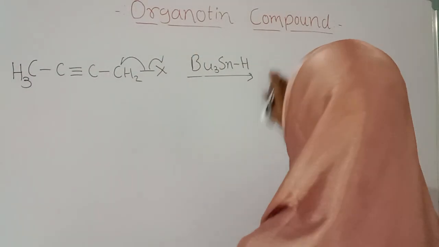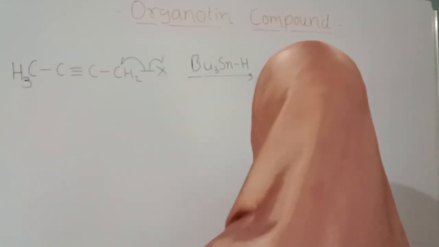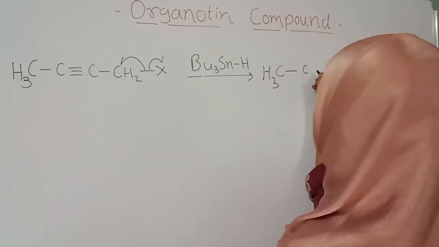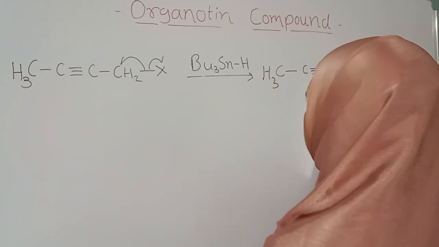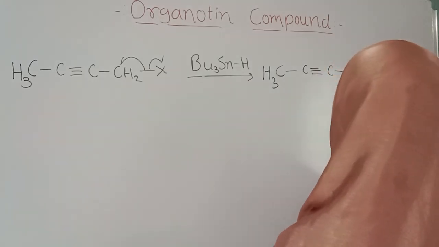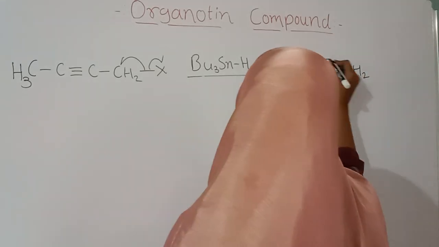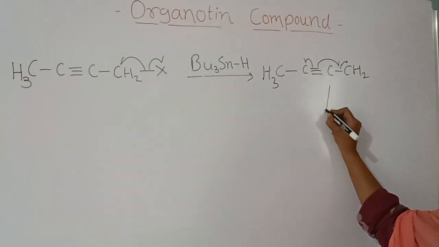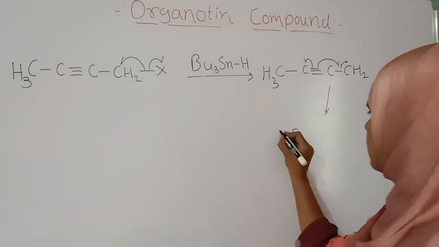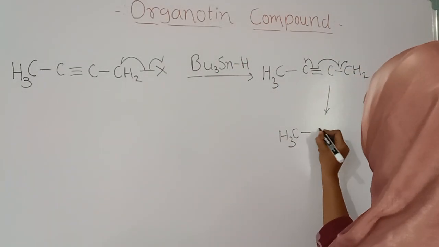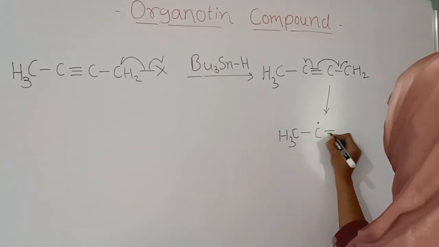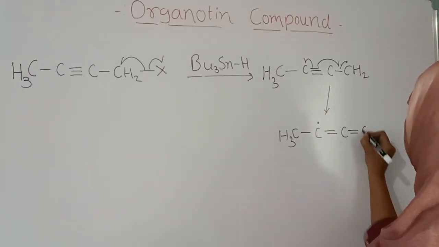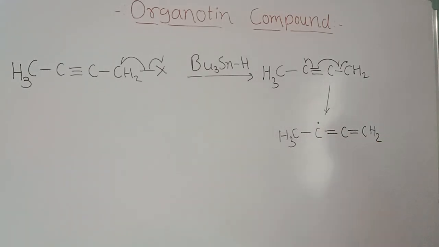We get CH3 triple bond and CH2 radical, which again forms a bond, and then we get CH3 C radical double bond, again double bond, CH2.